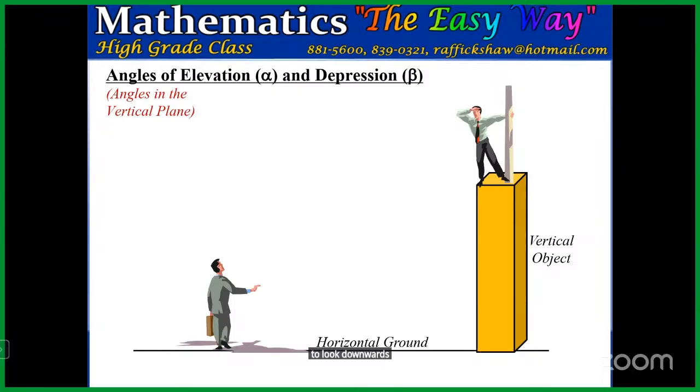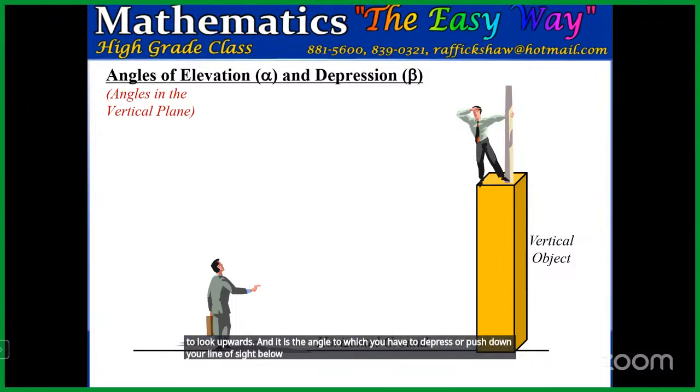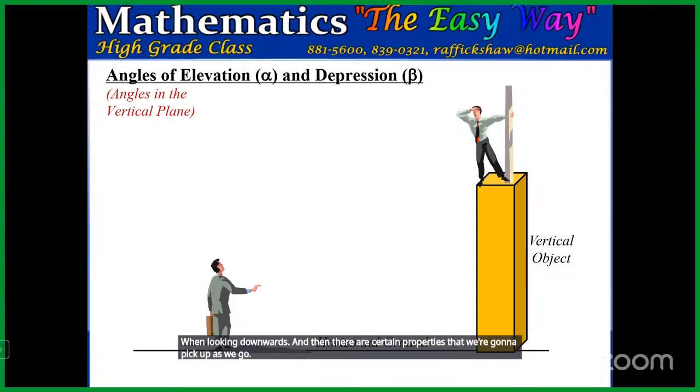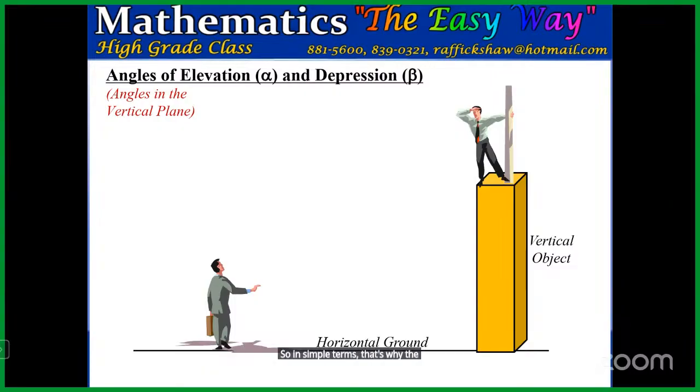An angle of elevation is the angle above the horizontal that you have to elevate the line of sight to look upwards, and the angle of depression is the angle through which you have to push down your line of sight below the horizontal when looking downwards. There are certain properties that we're going to pick up as we go. So in simple terms, that's what the angle of elevation and depression is.